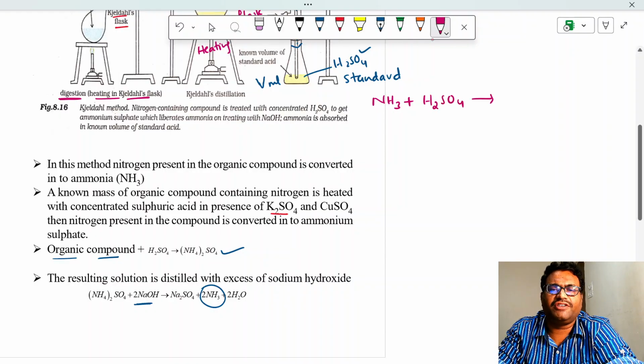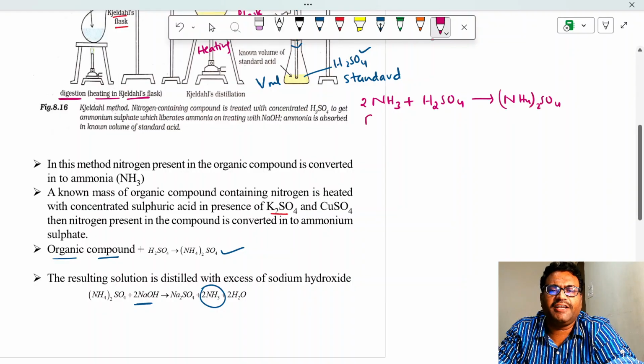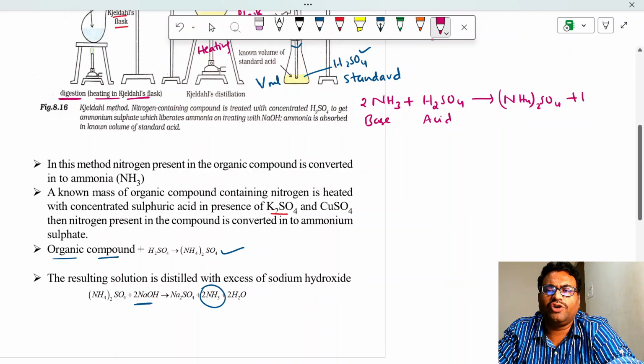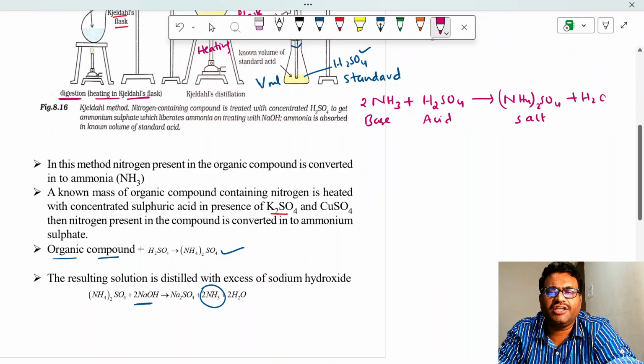If you balance this equation, 2NH3 plus H2SO4 gives ammonium sulfate. This is an acid-base reaction, and a salt is formed. Now let us see the n-factor of NH3.